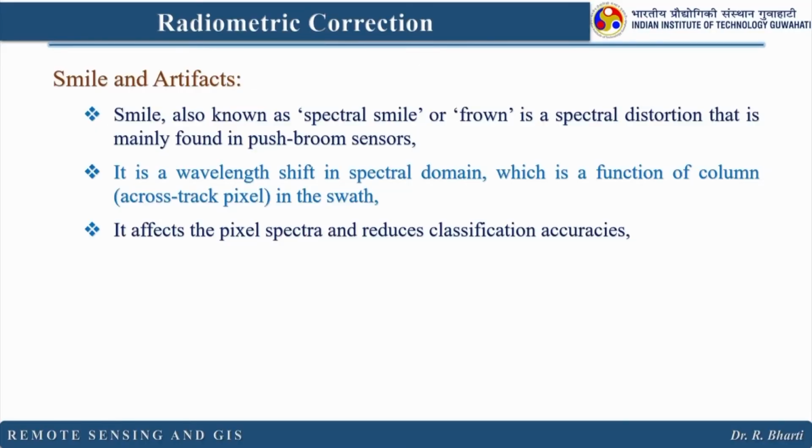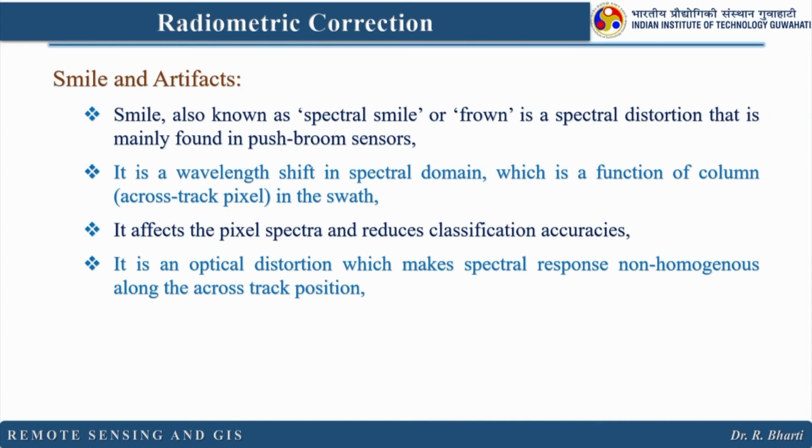So it affects the pixel spectra and reduces classification accuracy, because ultimately you are going to classify this as X material, Y material, Z material, but because of this error you misidentify it as some other material. So this is a big problem, because the whole of remote sensing lies on this particular concept.